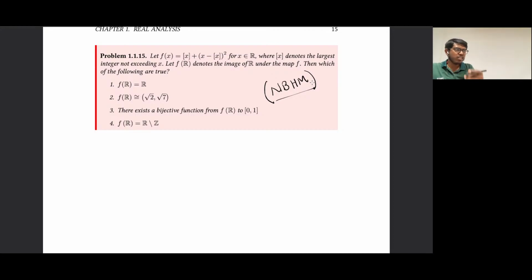Okay, so let's see. This is not difficult. You recall that x minus the greatest integer of x is basically what options 3 and 4 involve. So are you saying that 3 and 4 are true or 3 and 4 are false?